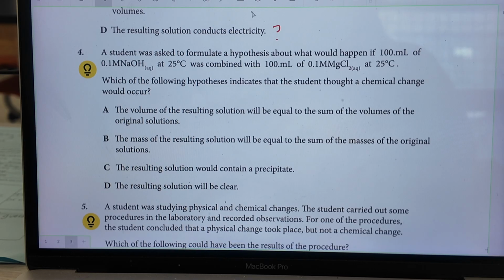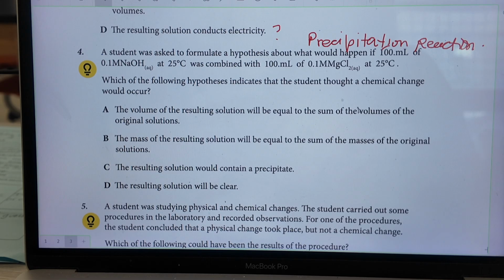And what's happening is something called a precipitation reaction, right? Okay. And a precipitation reaction means that a solid precipitate is going to form, and that's evidence of a chemical change, because usually, if a solid is forming and there were two liquids combined, that's evidence of a chemical change, right?